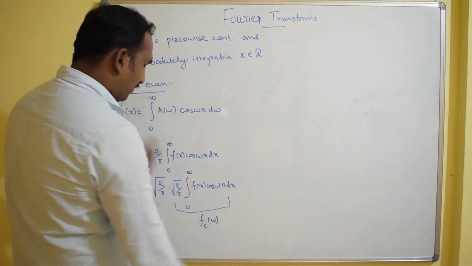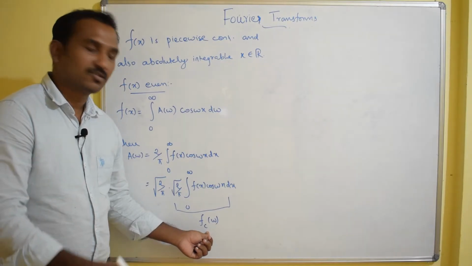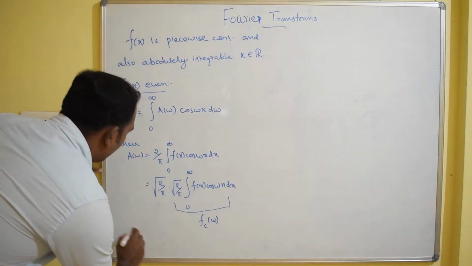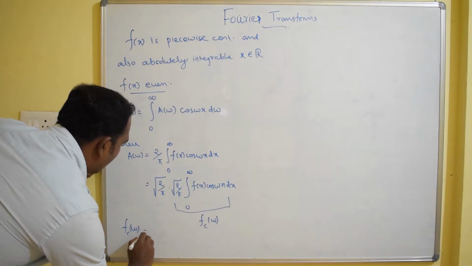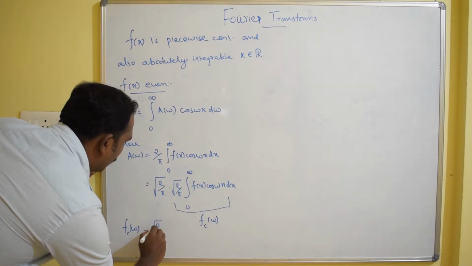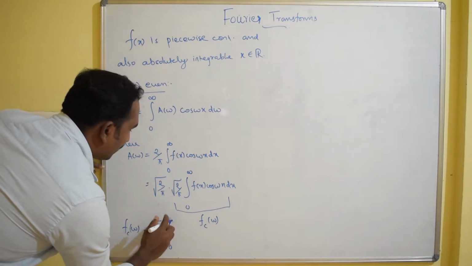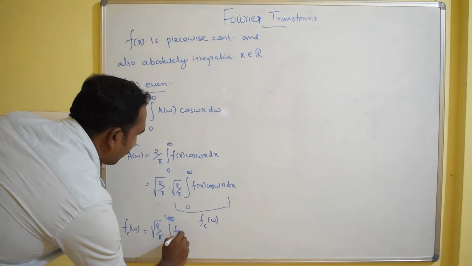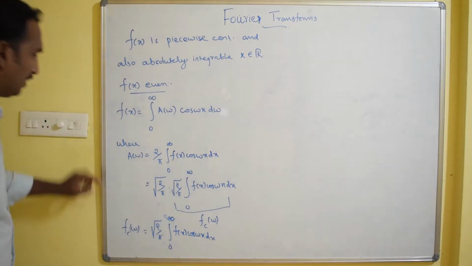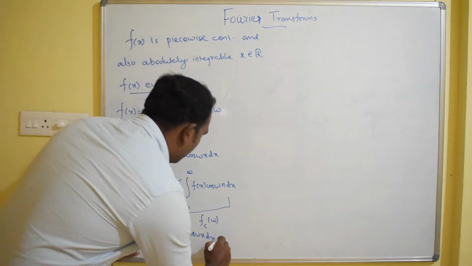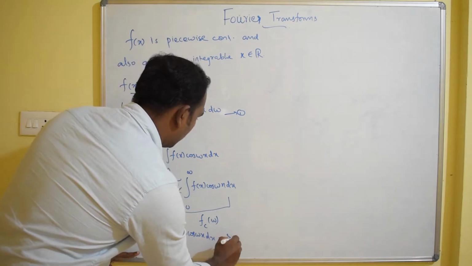F means the function, c means it represents cosine. So F c of omega is equal to root of 2 by pi integral 0 to infinity f of x cos omega x dx. Let us take this as number 1 and this as number 2.